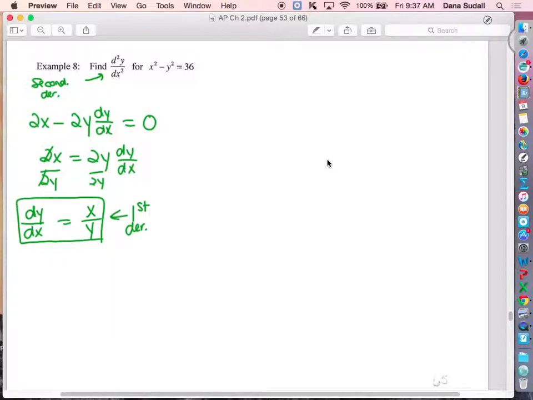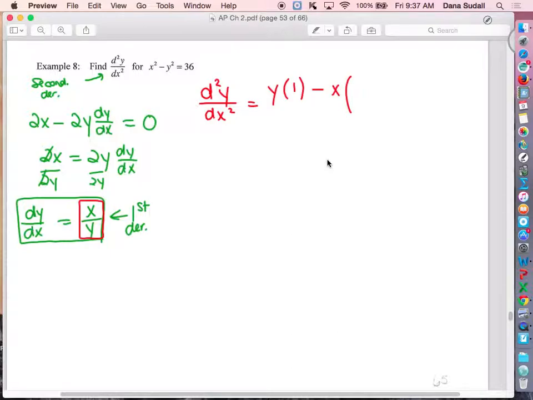Now I need to find the second derivative. And to find the second derivative, I need to take the derivative of the first derivative. So I would say that dy over dx, so the second derivative would be d2y over dx squared. And for the derivative of x over y, I could do quotient rule or I can do product rule. I'm going to do quotient rule. This one's not too awful. So bottom function times derivative of the top, the derivative of x is 1, minus the top function, which is x, times the derivative of the bottom.